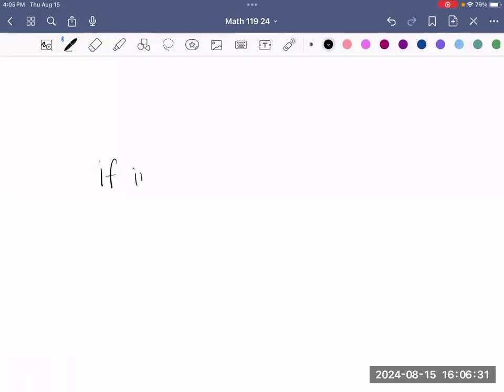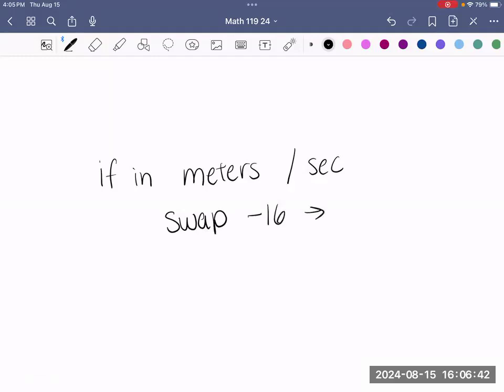If it's in meters per second, we are going to swap the -16 for just a -4.9. The rest of the problem is the exact same. The only difference is we're working with different units of measure.